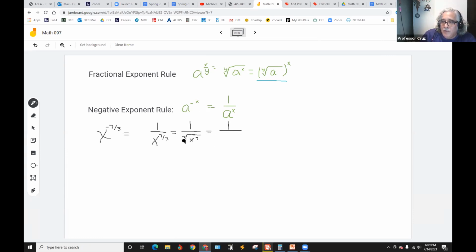All right, now we can play the thing that I showed you about taking the index and dividing it into that exponent, and that goes twice, right? 3 goes into 7 twice, so you got an x squared that comes out, but you got 1 that stays in.